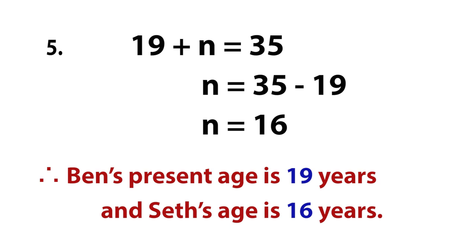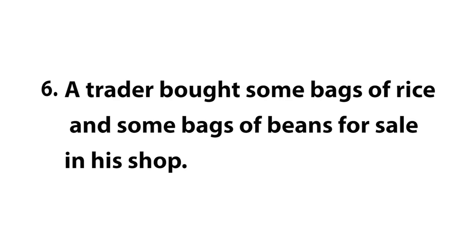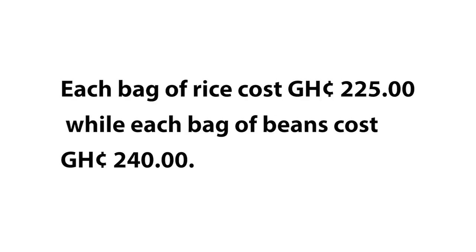That was lovely. Now, please try this on your own and refer to the notes for detailed solutions. A trader bought some bags of rice and some bags of beans for sale in his shop. Each bag of rice cost 225 Ghana cedis, while each bag of beans cost 240 Ghana cedis.